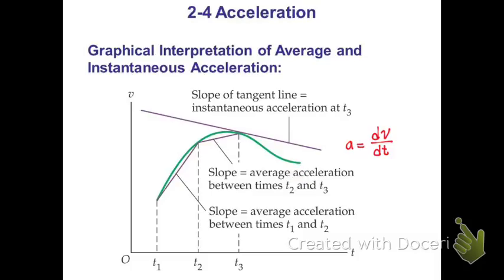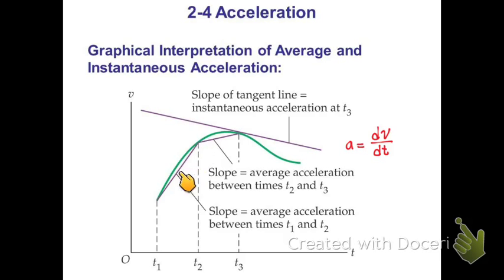So if you pick 2 points, let's say 1 and 2, on this curve, and connect these 2 points, since there is a change in the velocity, because you go to another velocity which is larger than the initial one, there is certainly a change in the velocity, and we know that this change occurs because of the acceleration.